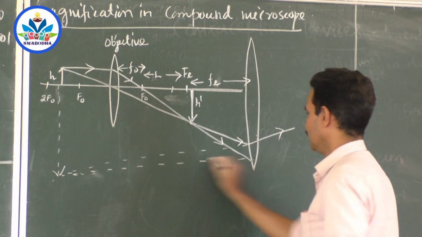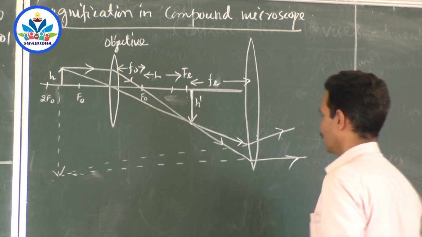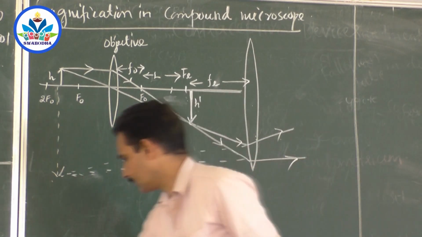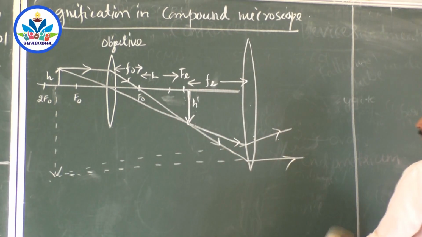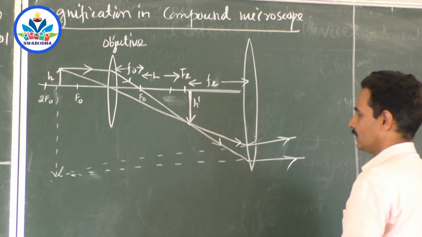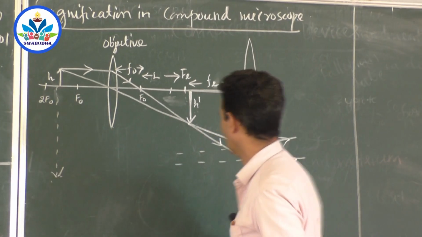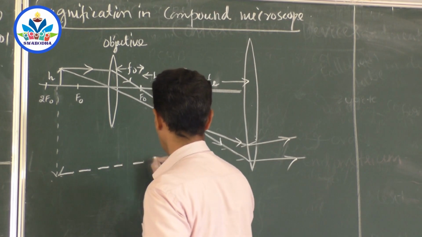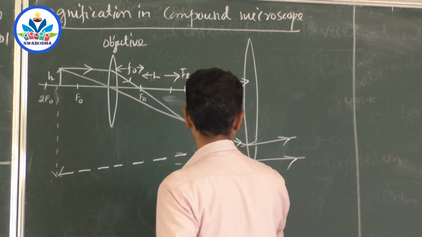Now in this direction you project it, because if they don't meet, it will be a problem. A ray diagram means it should be a straight line. These two rays diverge after passing through the eyepiece in such a way that they appear to come from this point.